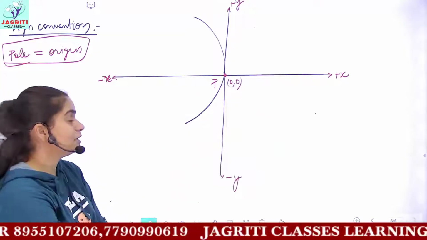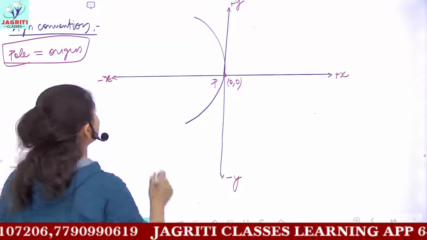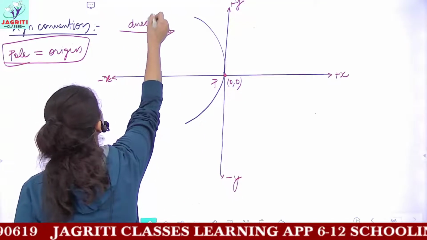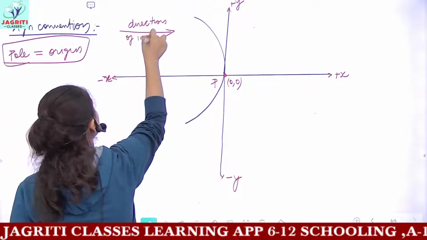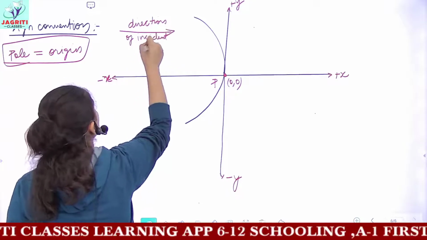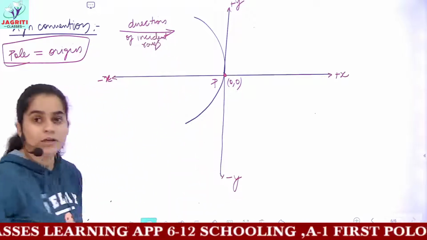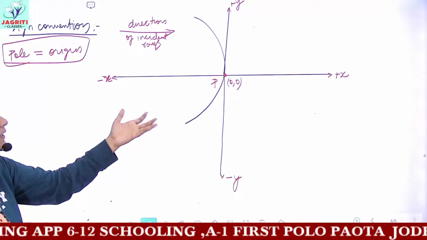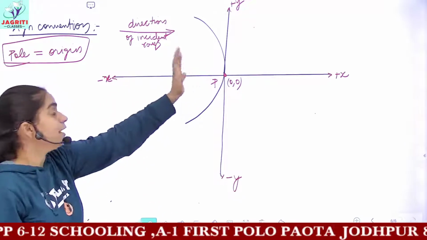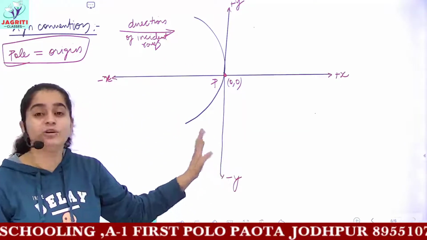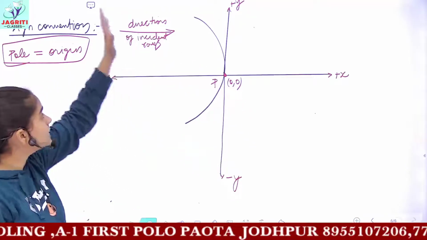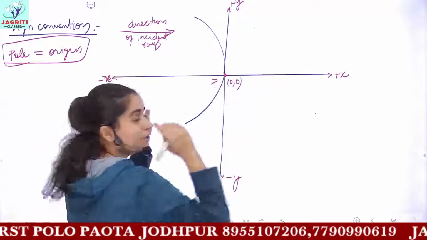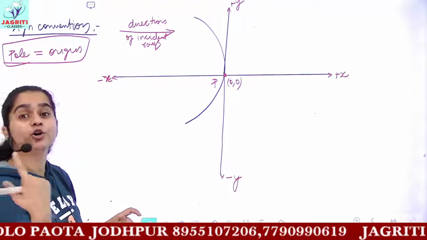Now you should know the direction of incident light. So we are considering that this is the direction of the incident rays which are coming from the object. If you have focused on ray diagrams, you should know that every time, whether we take a concave mirror or a convex mirror, we place the object towards the left hand side and then the image is formed on the right hand side if we are talking about convex.